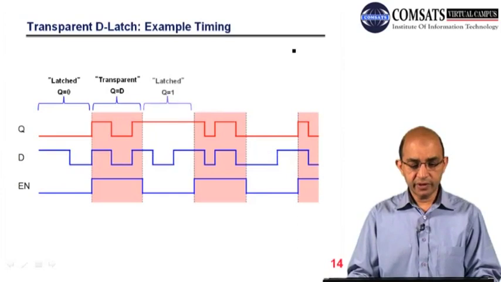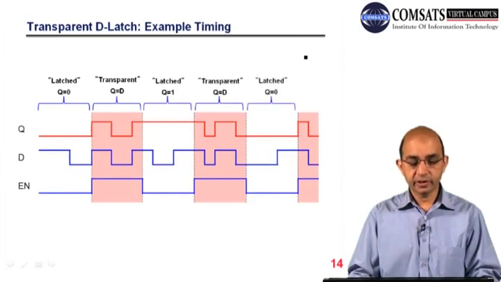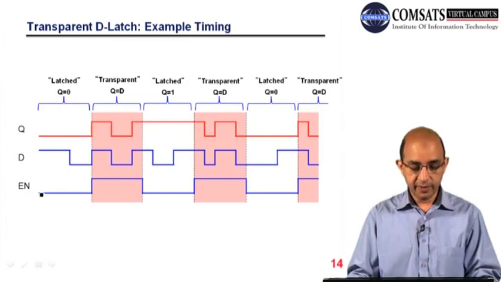Here we have the timing diagram for the transparent latch, the D latch. You can see we have 3 signals: this is Q, this is D, and this is enable. From this timing diagram, you should be able to understand the latch.